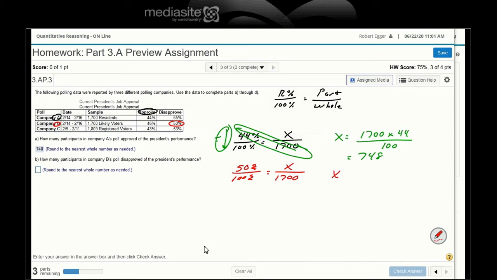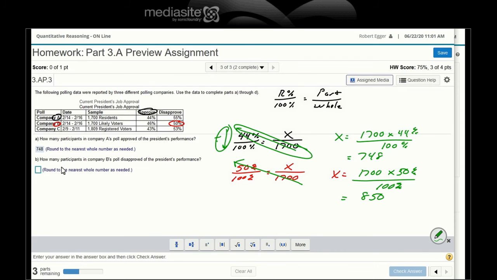Now again, it looks like X here would be 1,700 times 50% over 100%. And that comes out to 1,700 times 50 divided by 100, 850. Again, I'm just using my calculator.